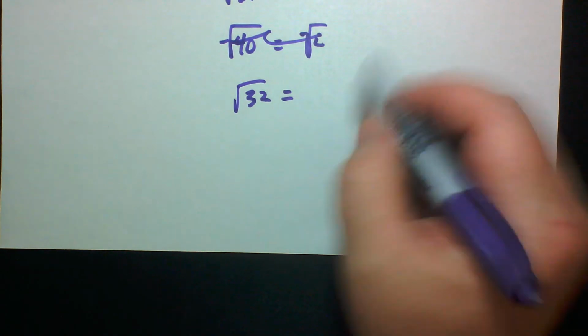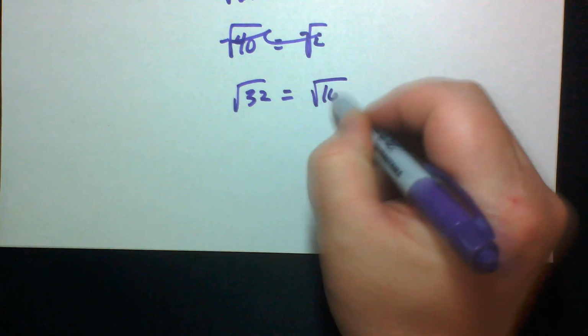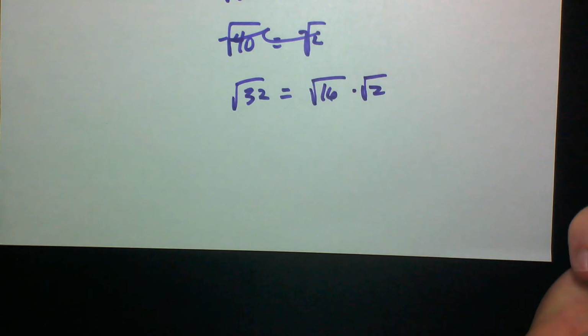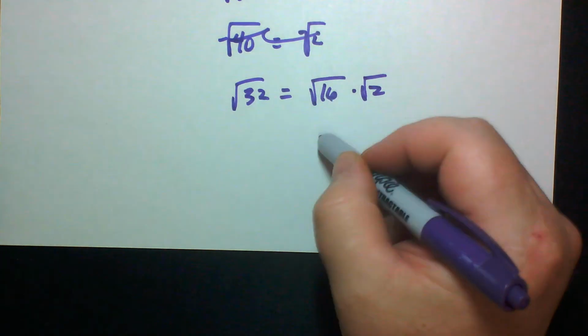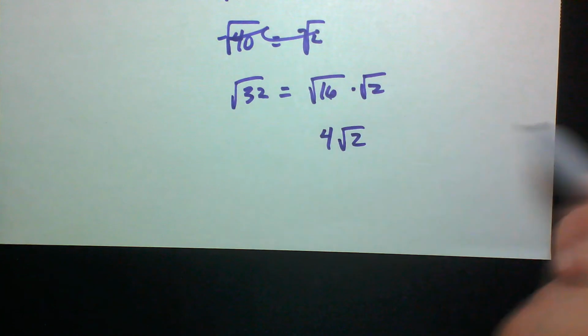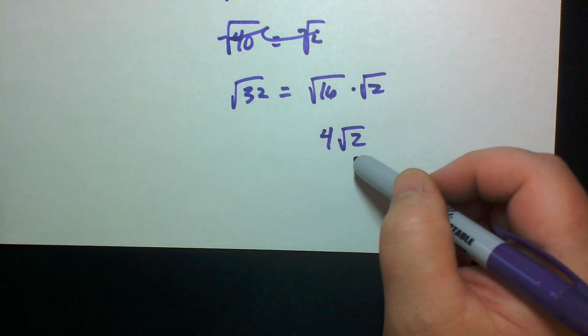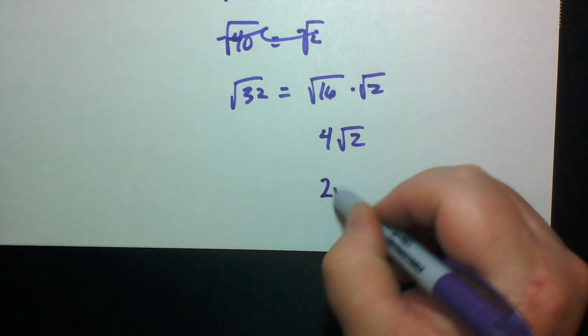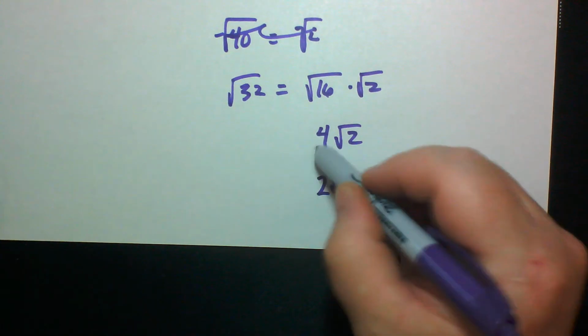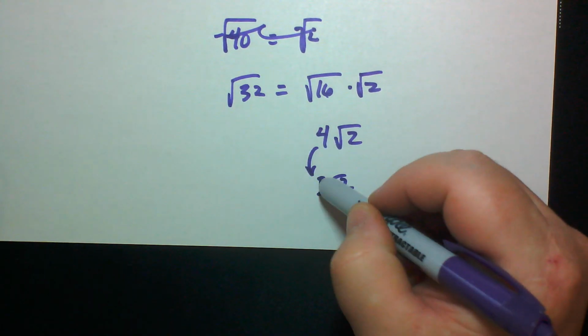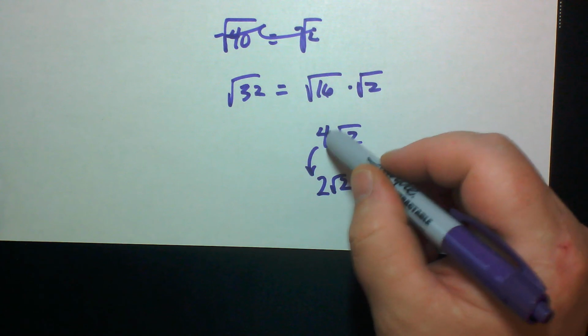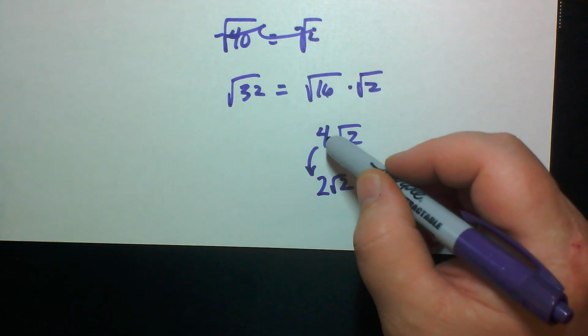Would you guys agree with me that 16 times 2 is 32? And the square root of 16 is 4, yes? You know what people do a lot? This is done. That's your answer right there. People say 2 root 2, because they think the square root of 4 is 2. But this is just plain old 2. This is plain old 4.